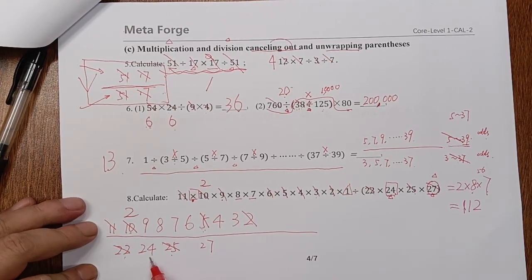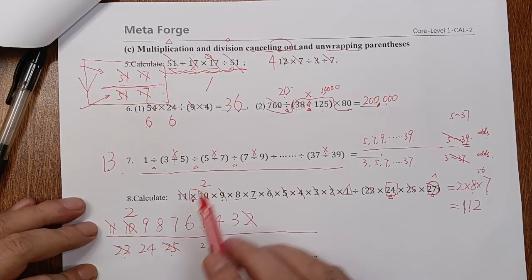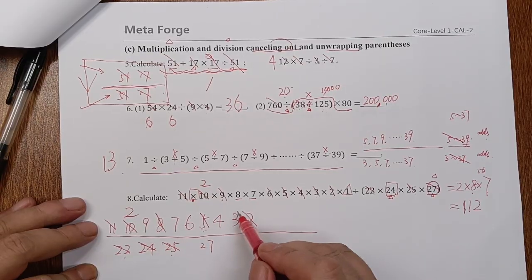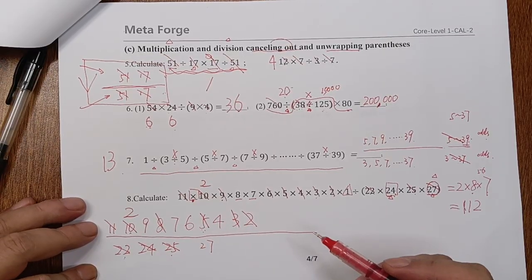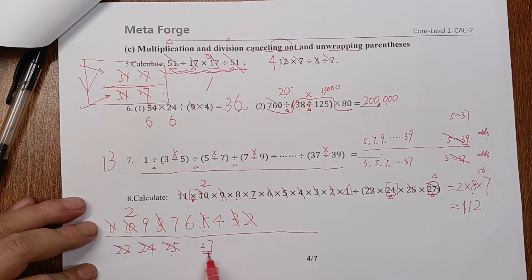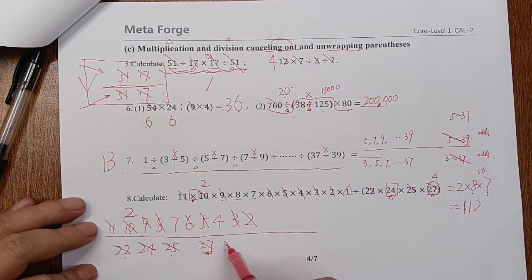If you do 24 first, cancelling out 22 first, you may use this 24 equals 8. That's okay. But handling this number is a little more complicated. How about 27? 3 here after cancelling out 3 and 6.